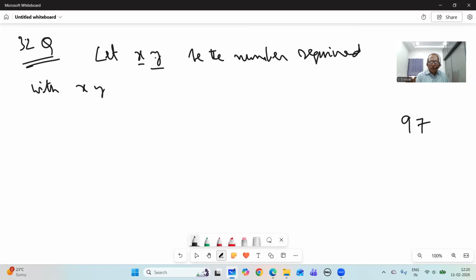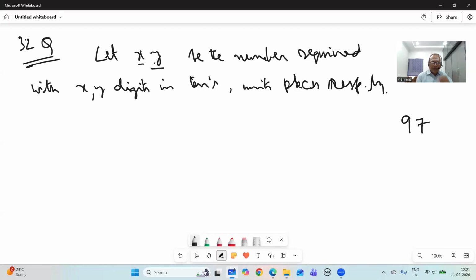So I am taking digit y in the units place and digit x in the tens place. I'm taking x in tens place and y in units place.